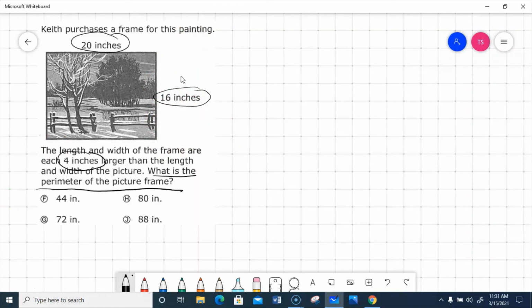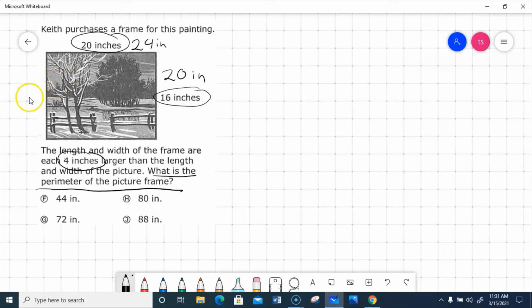Yep, it says it's 4 inches larger, so that means the length of the frame would be 20 inches. Abbreviate inches, IN. So what would the width of the picture frame be? Yep, it said 4 inches larger, so that means it would be 24 inches.